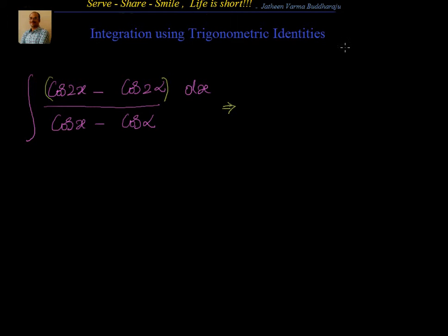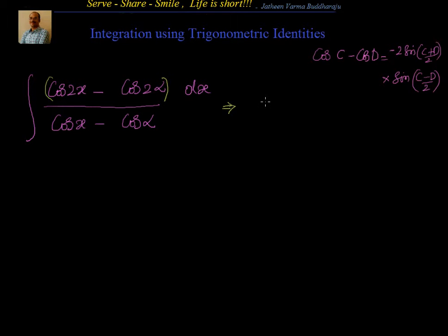The formula is cos c minus cos d is equal to minus 2 sin of c plus d by 2 multiplied by sin of c minus d by 2.